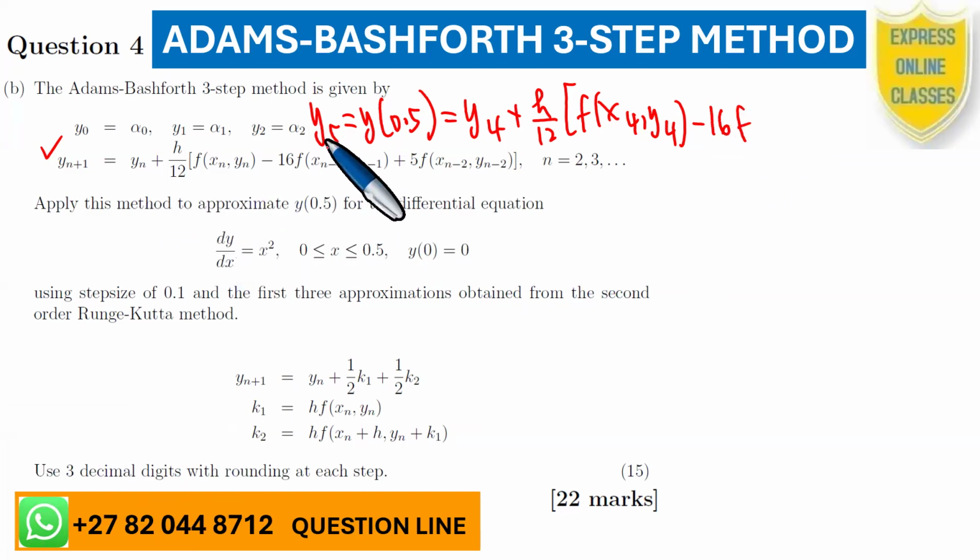So if this is y sub 5, then this is y4, it means n is 4. When n is 4, you put here, you get 3.